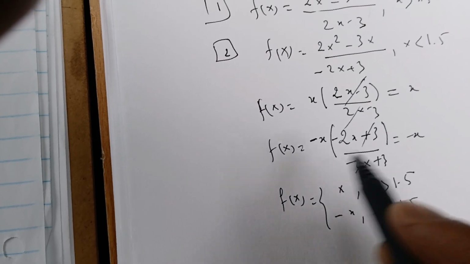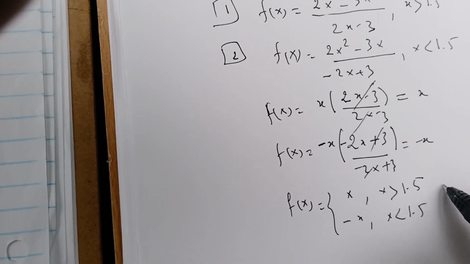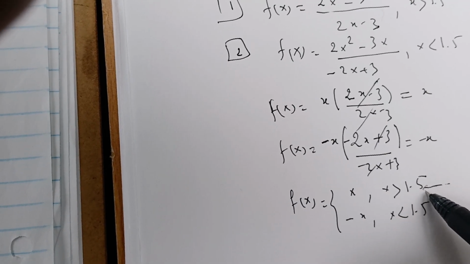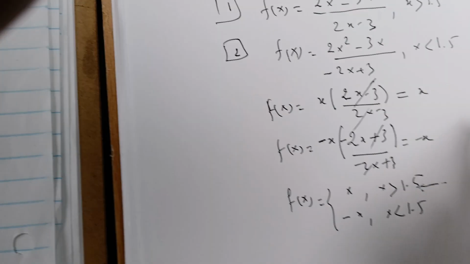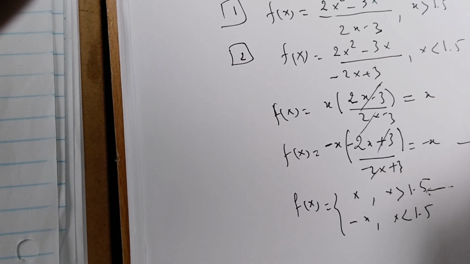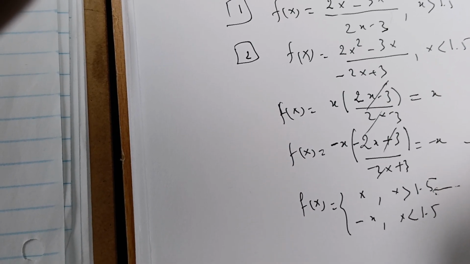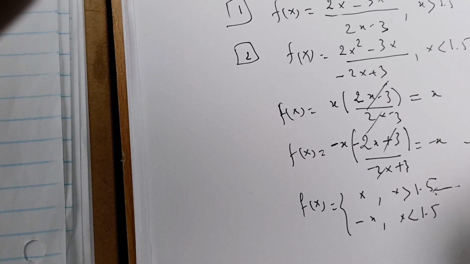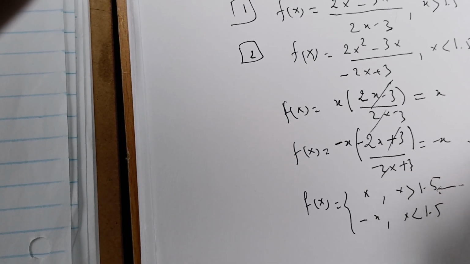We need the limit from the right and the limit from the left. So when x is bigger than 1.5, we have x. When x is less than 1.5, we have minus x.